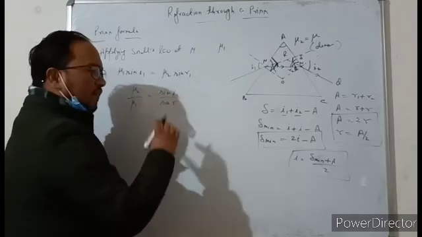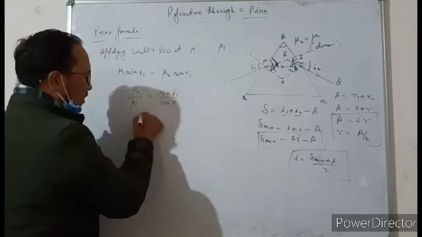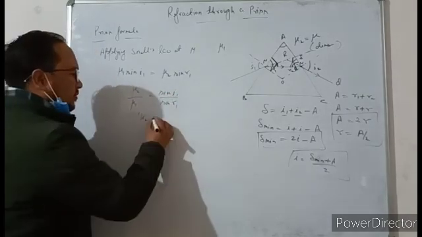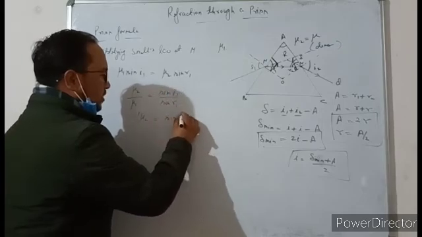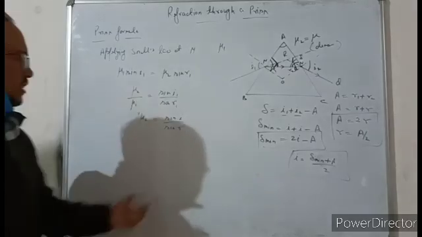Now, since we have I1 is equal to I2, or we can say it becomes I, so we can say this is the refractive index of medium 2 with respect to 1, sin I upon sin R. Now, what is the value of I?